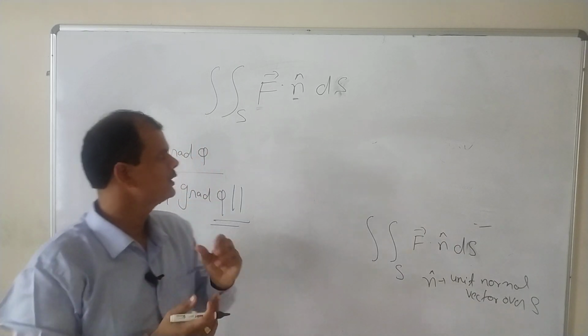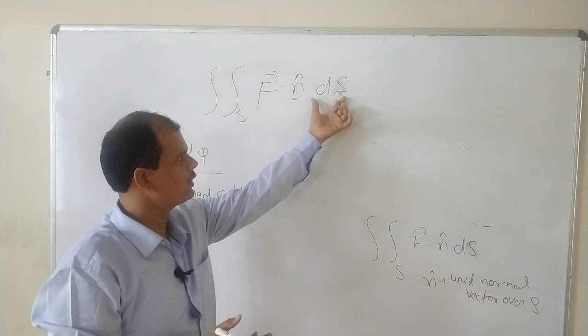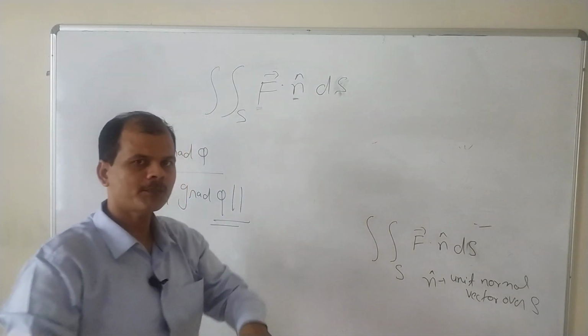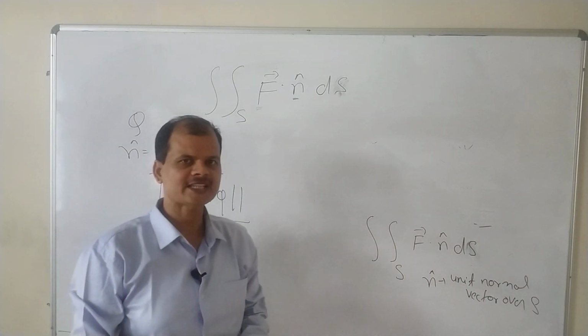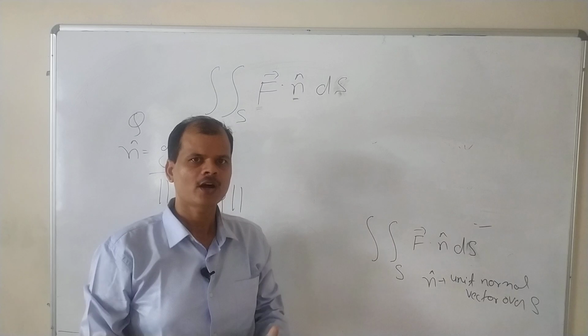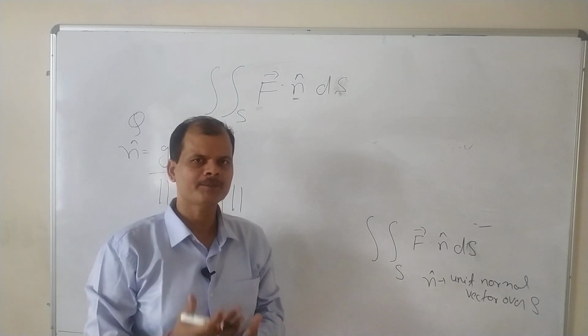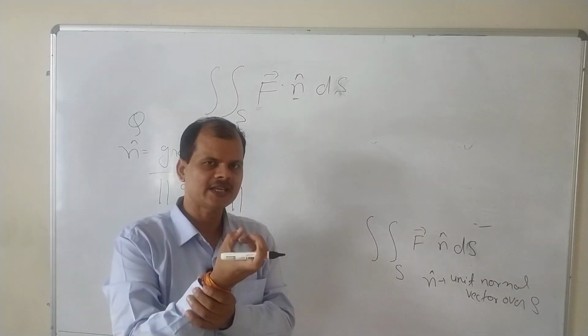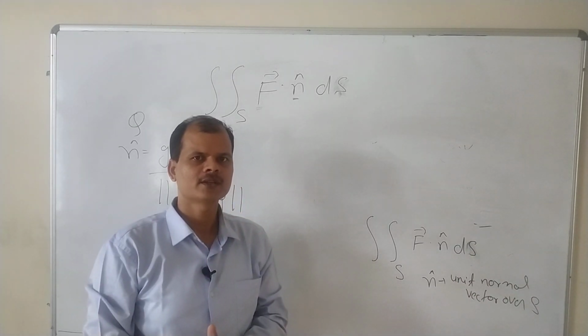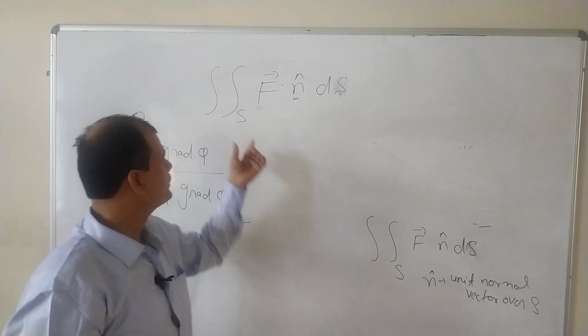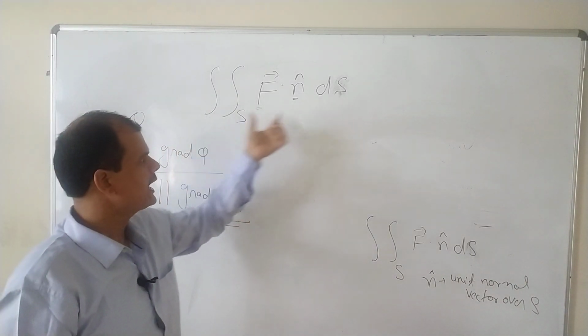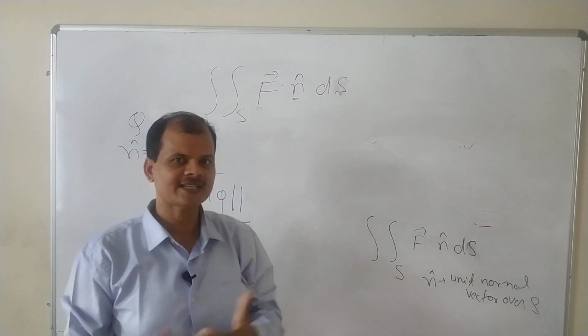So what we do, we take the projection of this surface on a plane. It may be either the xy plane, the yz plane, or the zx plane, whatever plane, that is your wish. If we take the xy plane, we get the x and y limits, and your dS will change into dx dy.